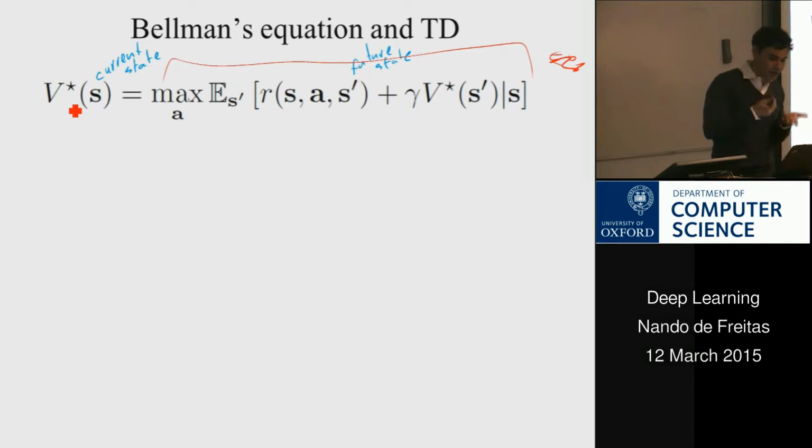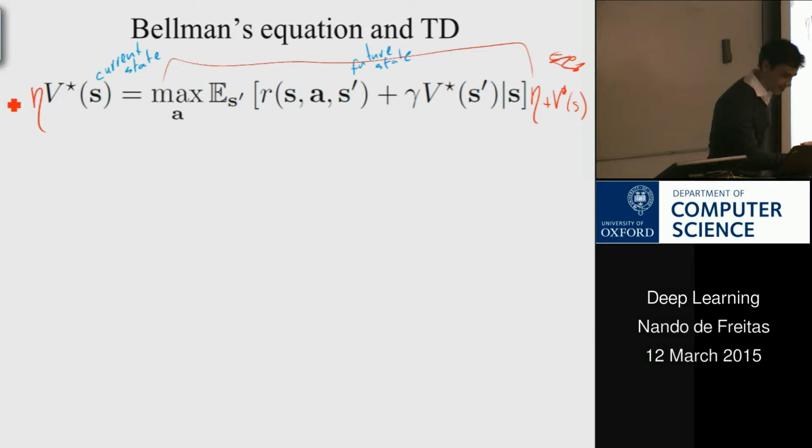And here's one way in which you could do it. You take this equation, and I'm going to multiply both sides by eta, the learning rate. And then I'm going to add v of s to both sides.